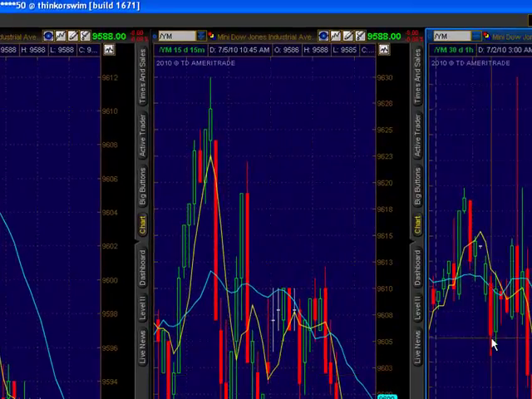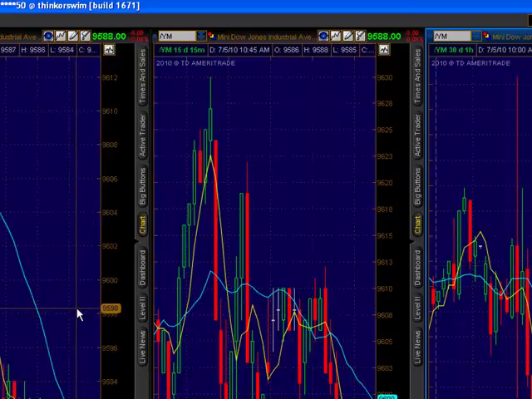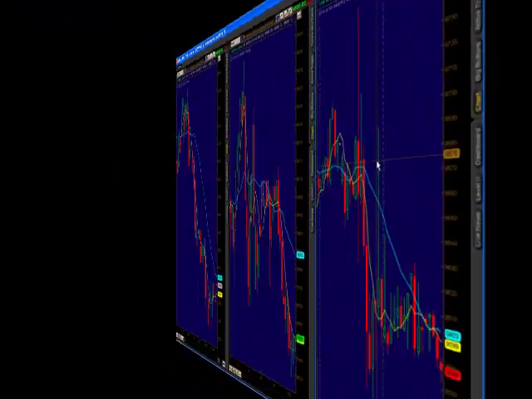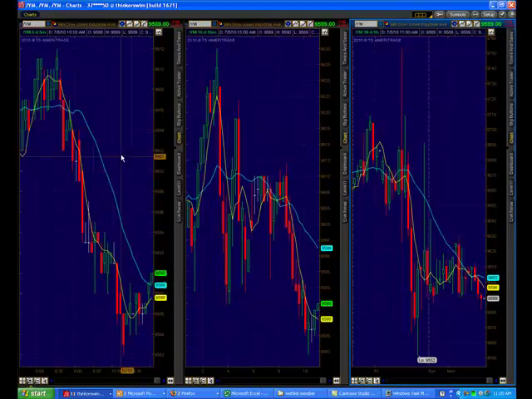Now, the next thing we need to do is to add some indicators to this, just to give you some type of confirmation to what we see here in our moving average crossover. So as in our PowerPoint presentation, I'm going to add 2 indicators to this.